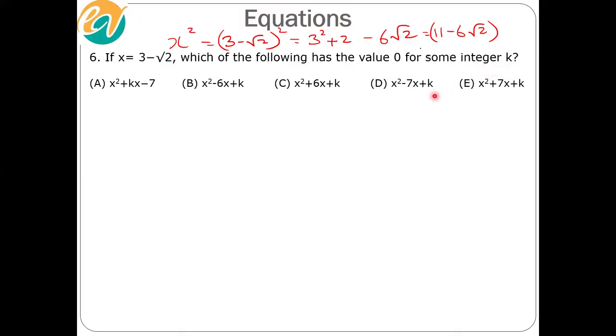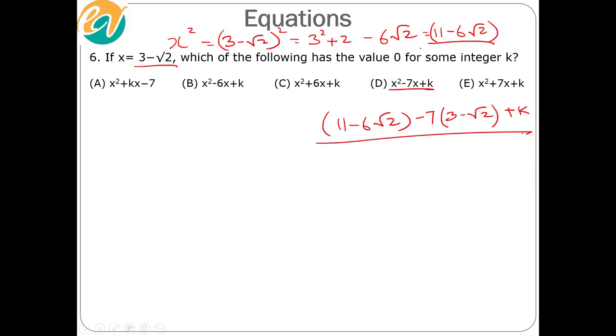K is an integer. Now let's, for example, take David, which is what Kavita pointed out. So x square is 11 minus 6 root 2, minus 7 times 3 minus root 2, plus k. Can this ever be 0 for an integer value of k?